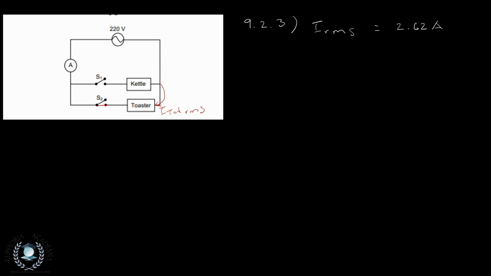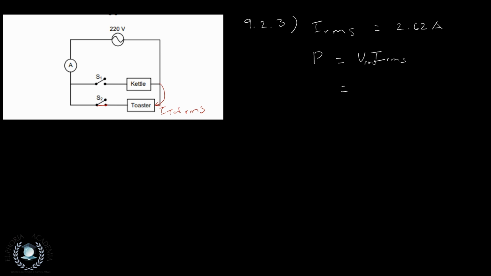Then we know that our power is equal to our voltage multiplied by our current, right? In this case, it has to be I_RMS as well as V_RMS.